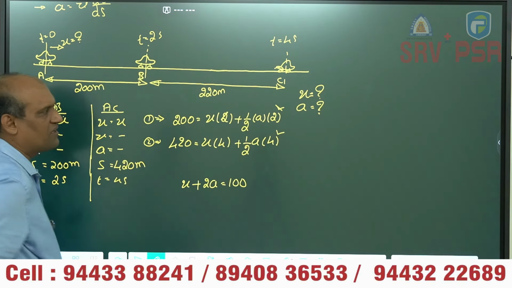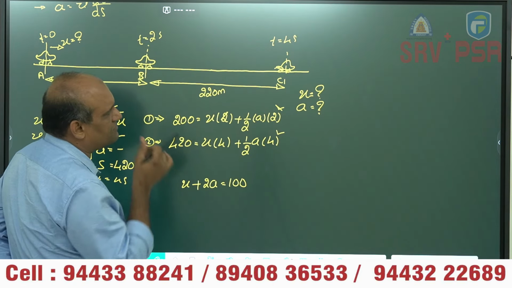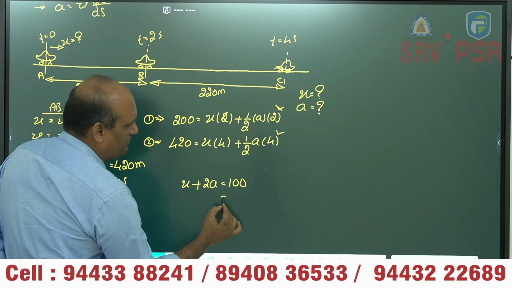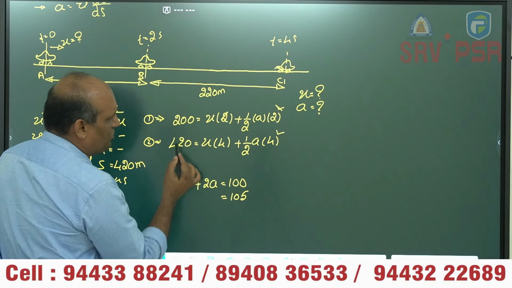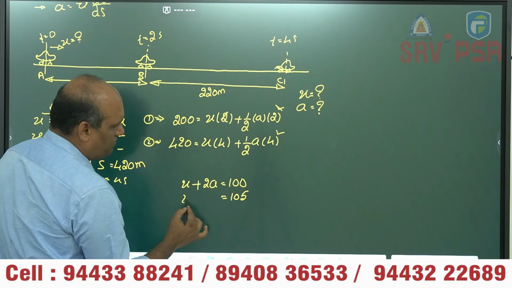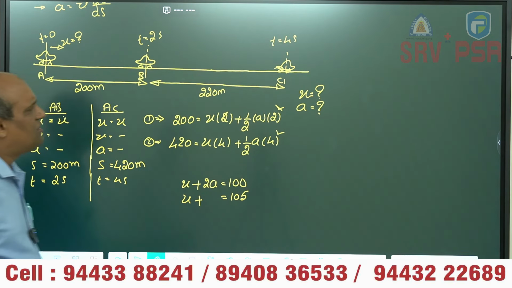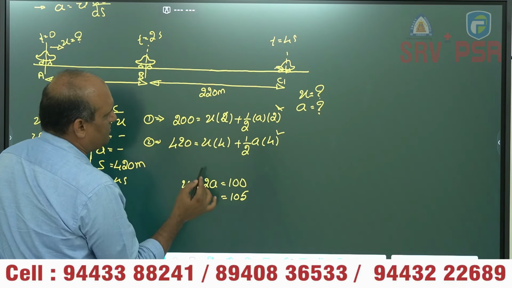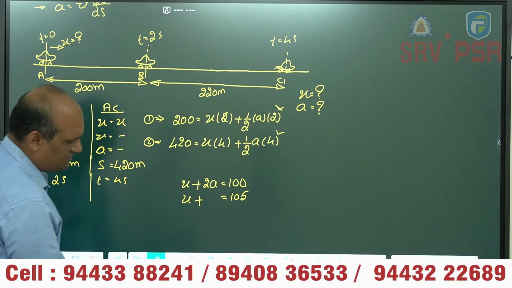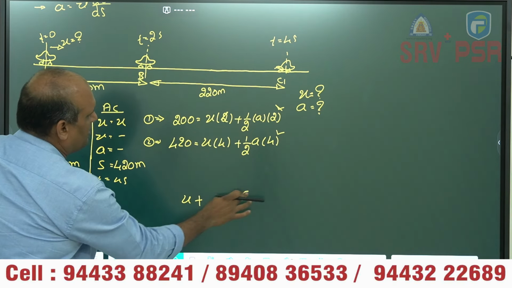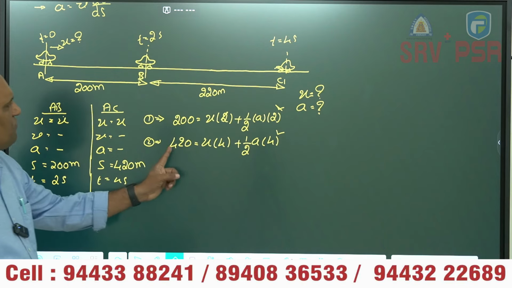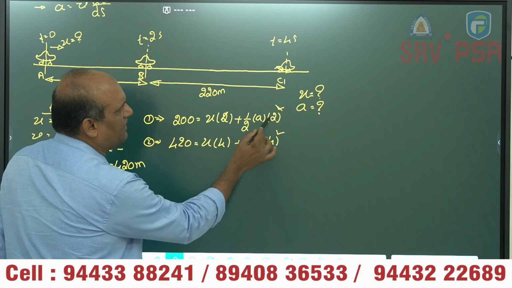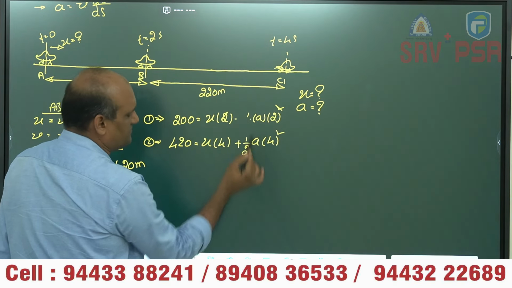In the second equation, 4 gets cancelled, so I'll get 105 equal to u plus 2a... 420 divided by 4 is 105, and half a t squared also simplifies.